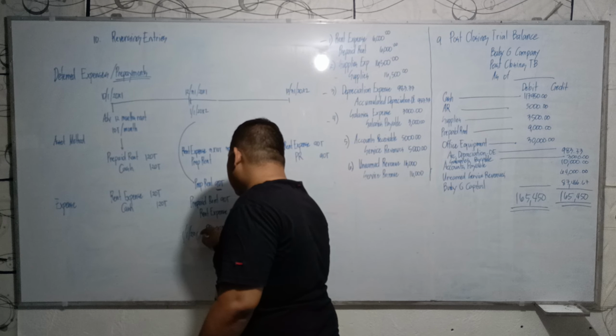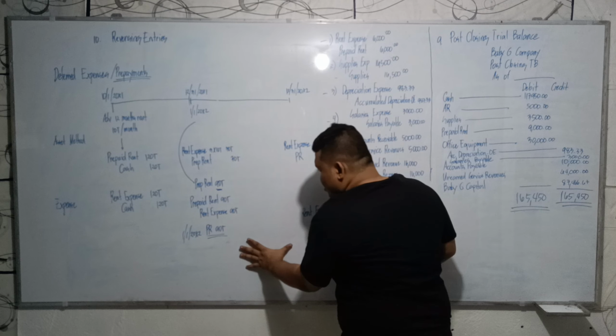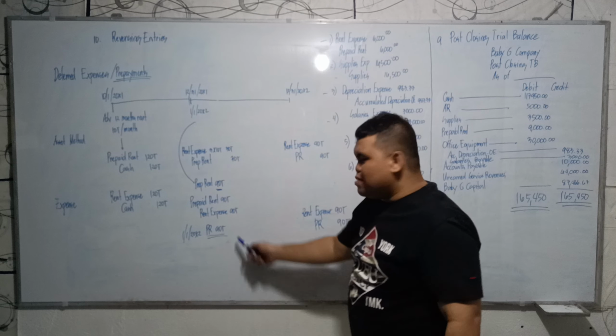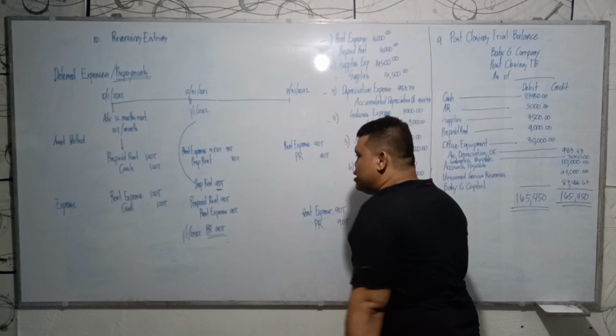So it became an asset method. And actually, it's very much the same with the asset method right here. Prepaid rent, 90,000, and then it was expensed at the end of the year. This is not expense method. This is an asset method. You recognize first the asset at January 1, 20x2.